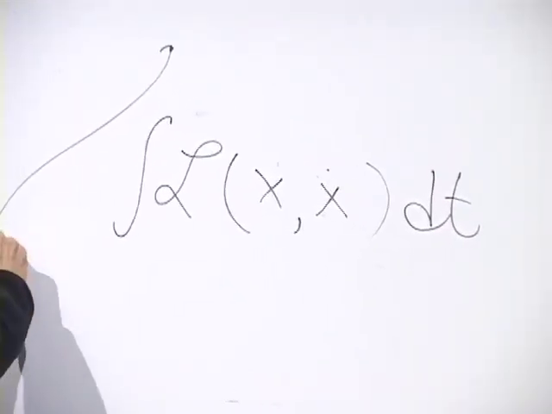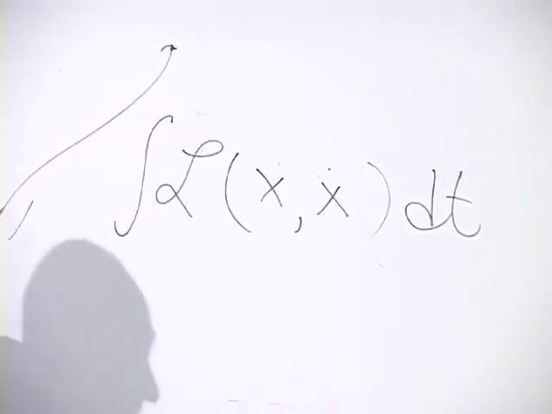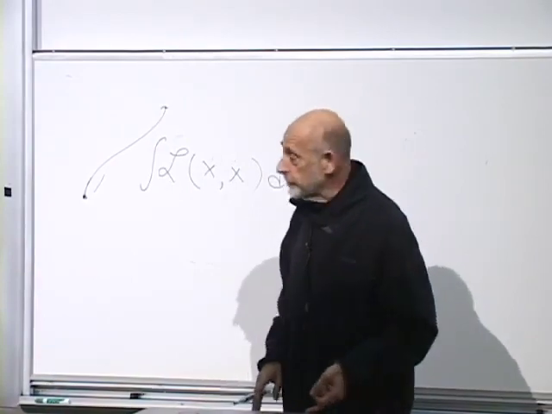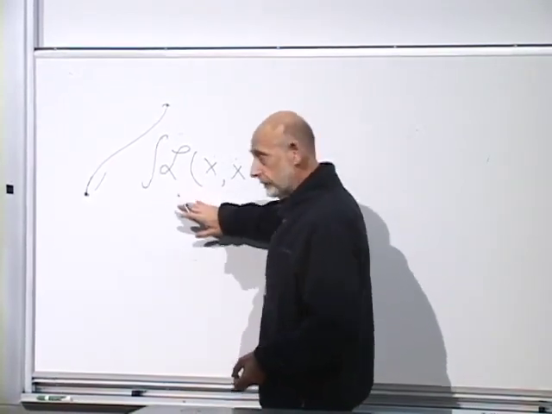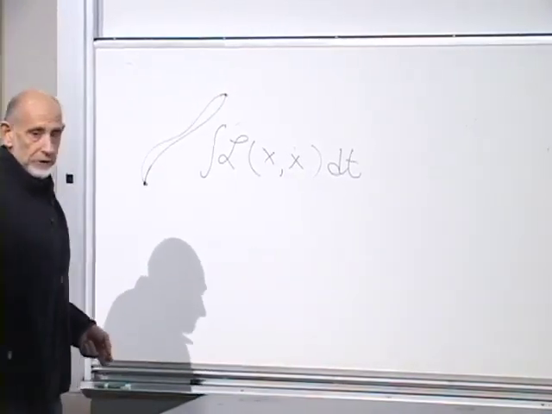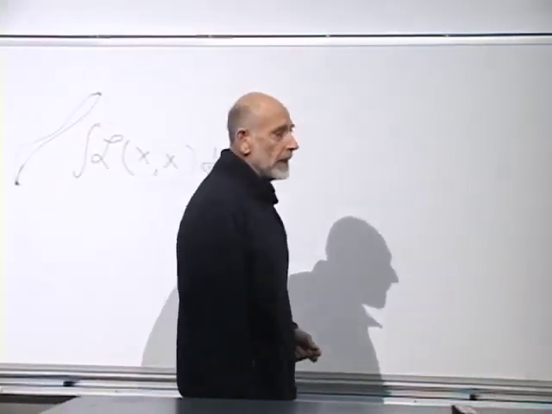For every trajectory, whether it's the true trajectory or not, by the true trajectory I mean the solution of Newton's equations from one space-time point to another, it has an action, the integral of the Lagrangian along the orbit. The classical principle of least action is that the trajectory followed by the particle through space-time minimizes the action. From that, you can derive differential equations, and those differential equations are called Newton's equations.